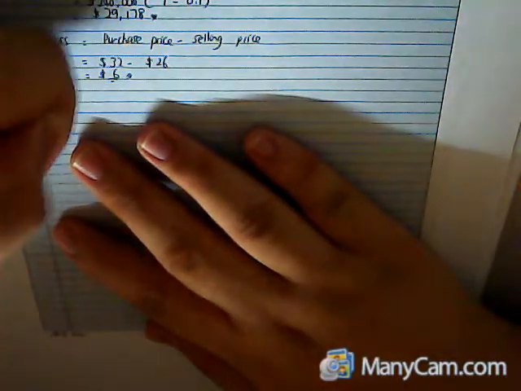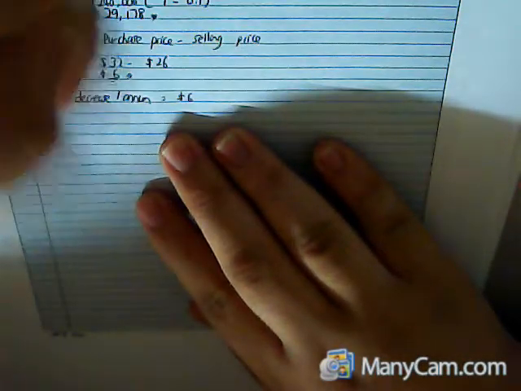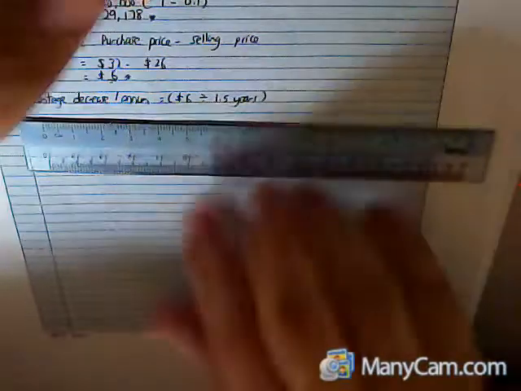How to get the answer? The percentage decrease per annum. How to get it? I know that in 1.5 years the total decrease is 6 ringgit, but 1 year decreased by how much? I should divide by 1.5 years to get the average loss. Once you get the average loss, you divide it by the purchasing price.